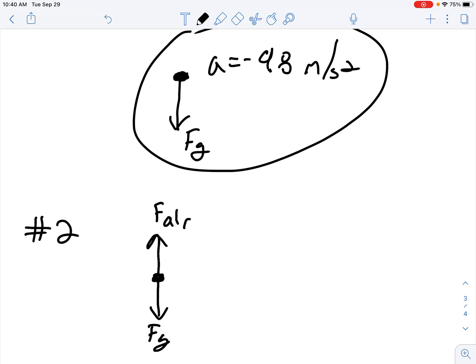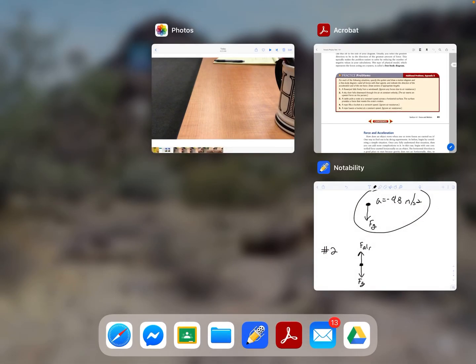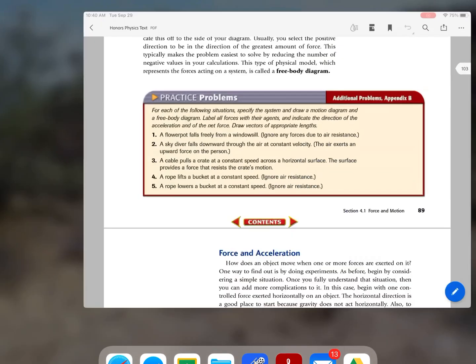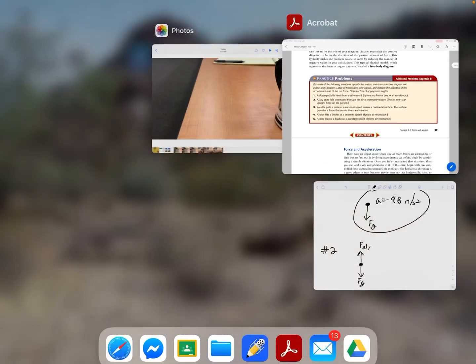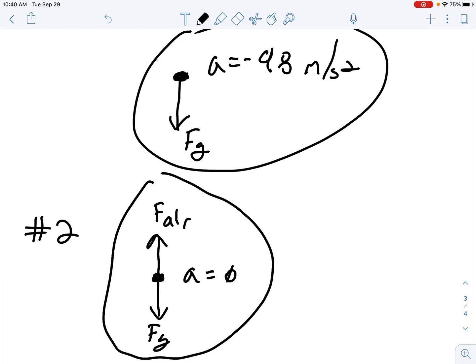Wait, hold on. Velocity is constant. Okay, so if the velocity is constant, that means the acceleration is 0. So there is a free body diagram for that one. I've got the two forces, the object of interest, and a statement about the acceleration. Okay, free body diagrams.